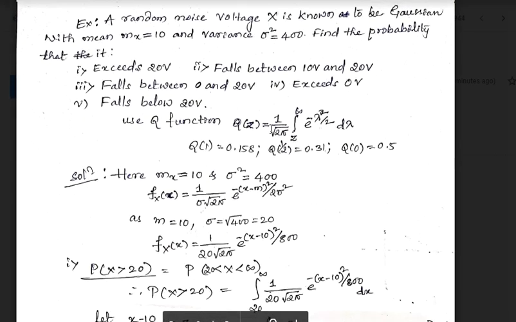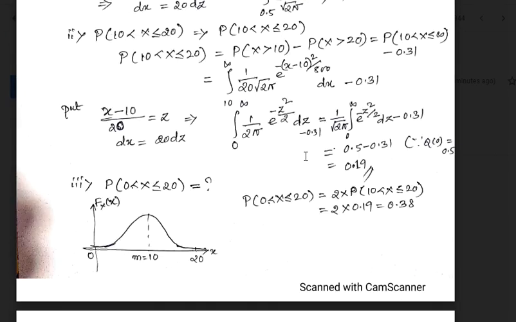After getting this, let's have a glance at what is given. 1 divided by root of 2 pi, integration of this is equal to Q, then Q of 1 and all are given. So we are getting the same value here, and it runs from 0.5.